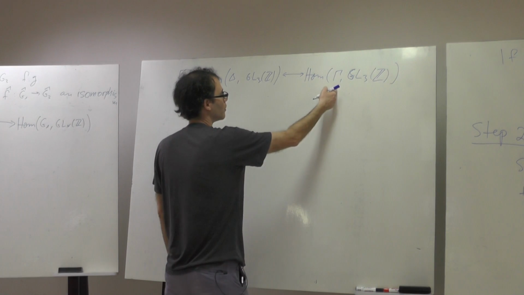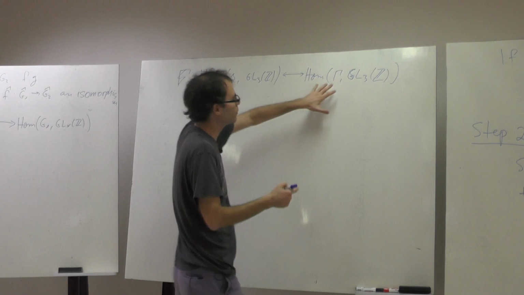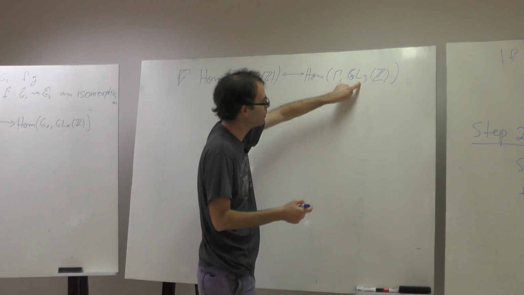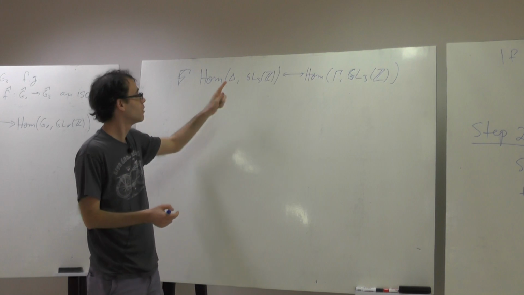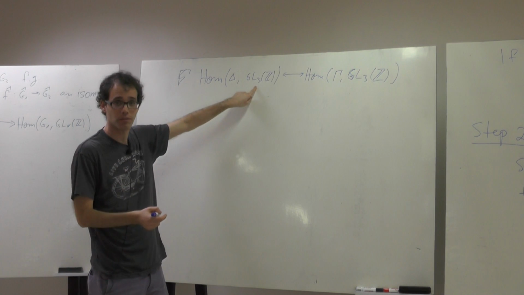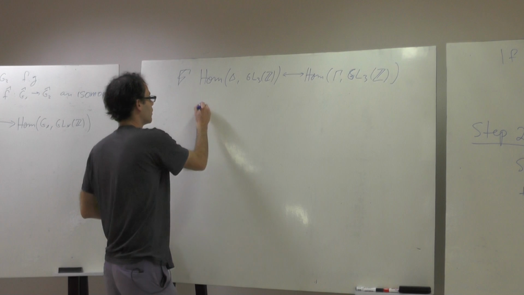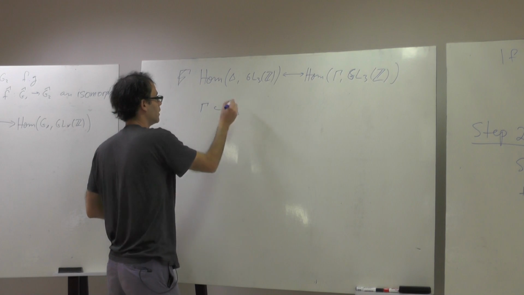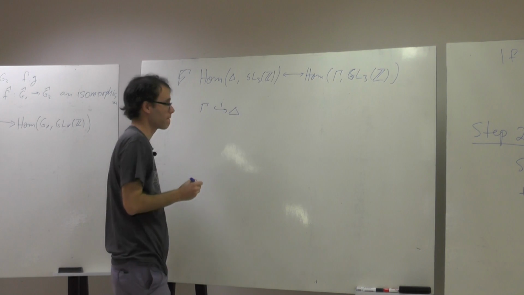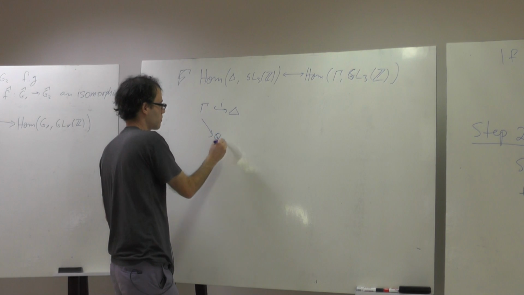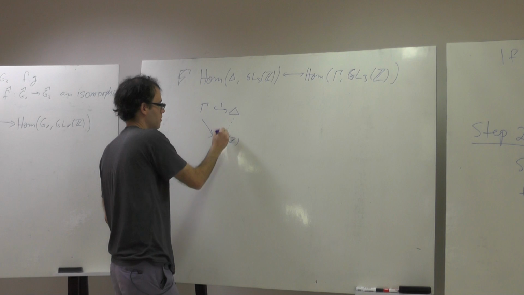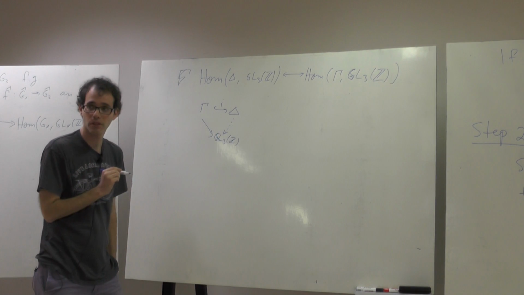Okay. So again, what does it mean? It means that this embedding of gamma into SL3Z extends to a map between delta and SL3Z. Gamma is contained in delta, and I have a map into GL3Z. Then it extends like this.